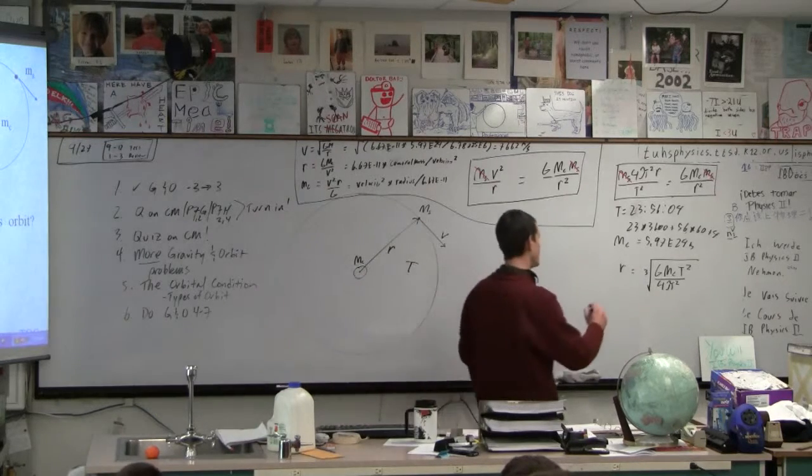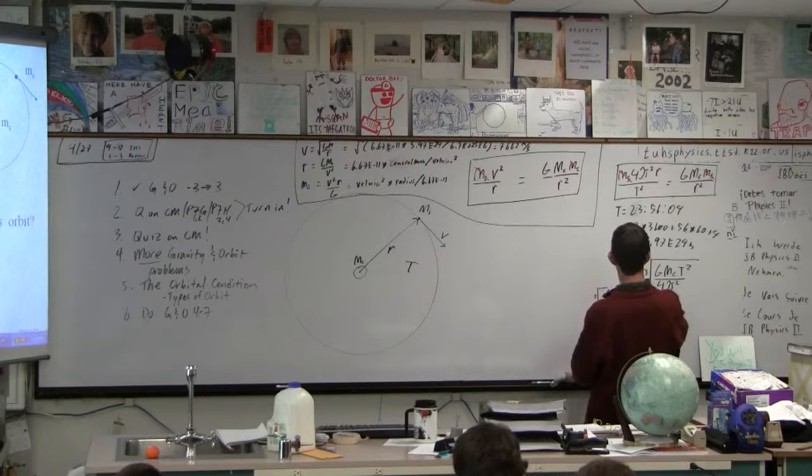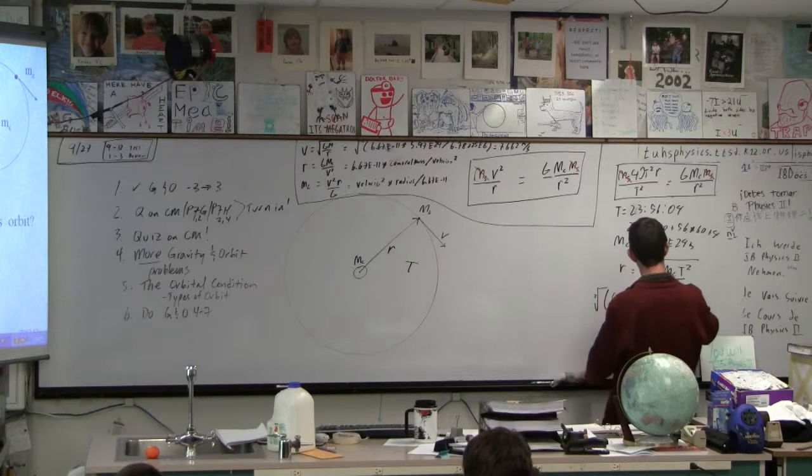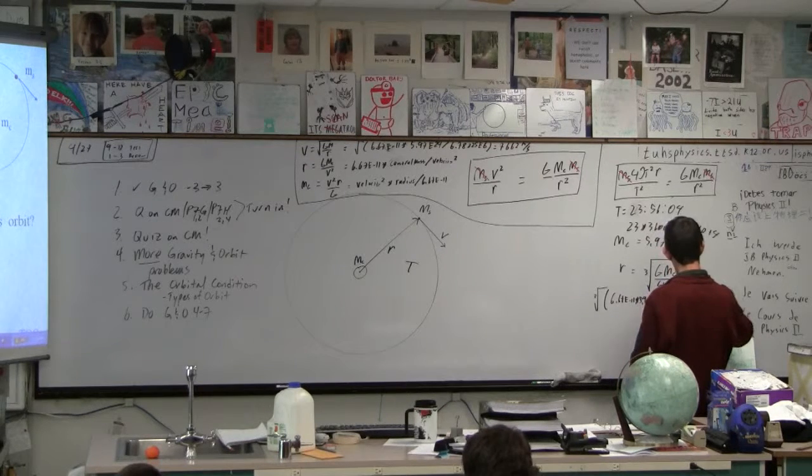Okay, so this is going to look like this in our calculator. I'm going to go cube root, and then we have to go 6.67 E minus 11 times 5.97 E24, right, times 86164 squared.